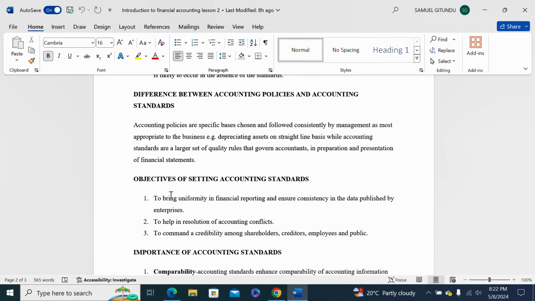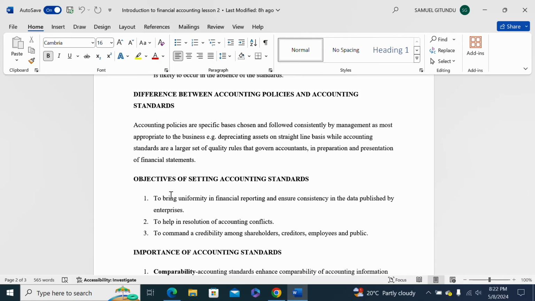Then number two is to help in the resolution of accounting conflicts. If an accounting conflict exists in an organization, then that organization can refer to the standard guiding the accounting of that kind of transaction, and the standard will help to resolve that conflict.